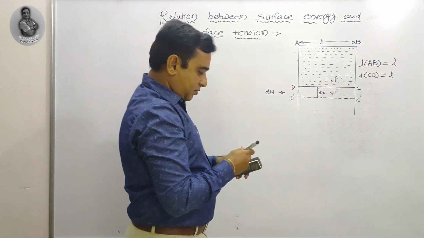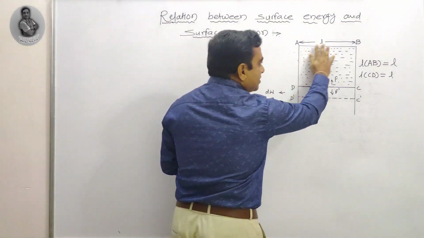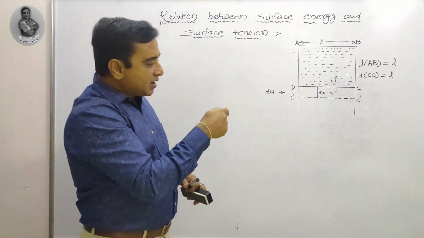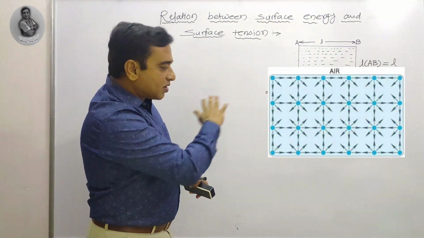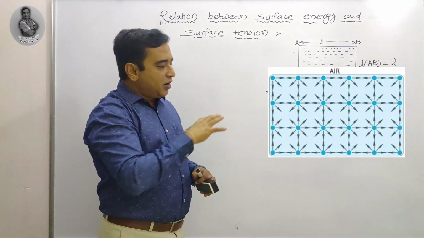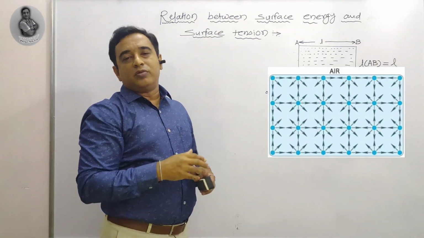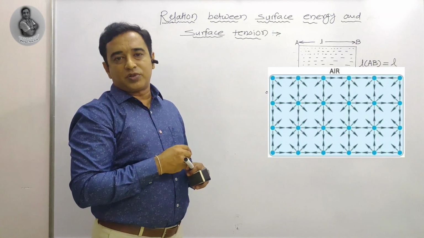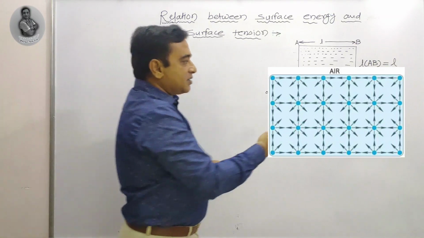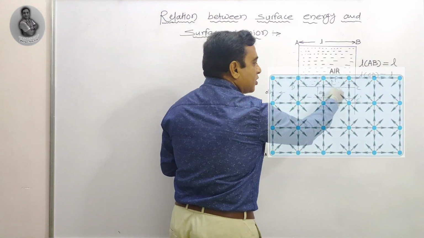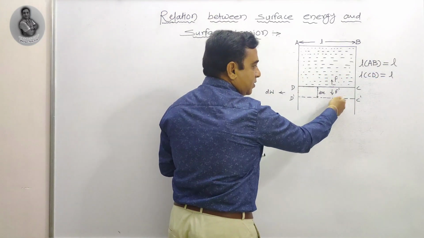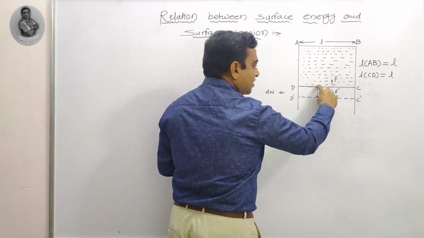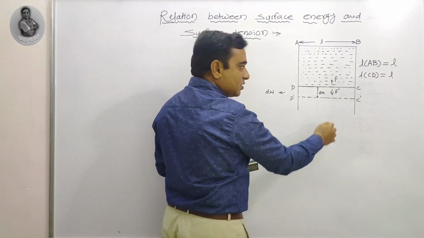But during that time, the molecules which exist here, see the diagram. In this diagram, the molecules of the surface are holding all other molecules, meaning similar molecules possess a cohesive kind of force, and that's why there is a counterbalancing force. When I pull this rectangular frame CD, it comes to C dash D dash after displacement dx.